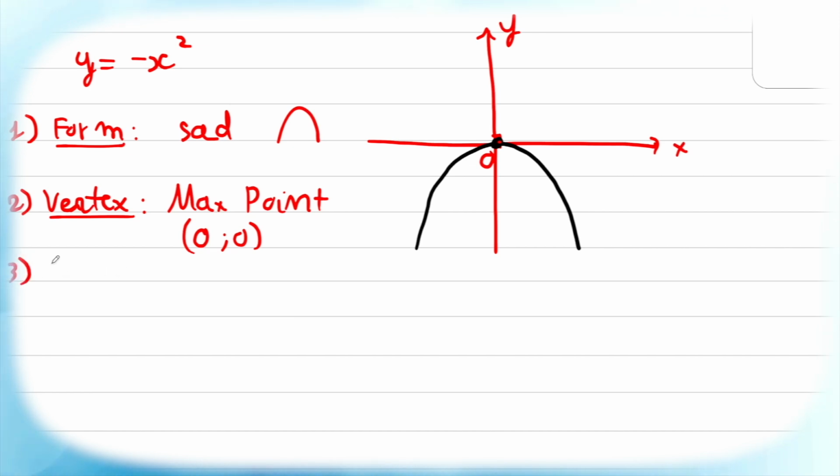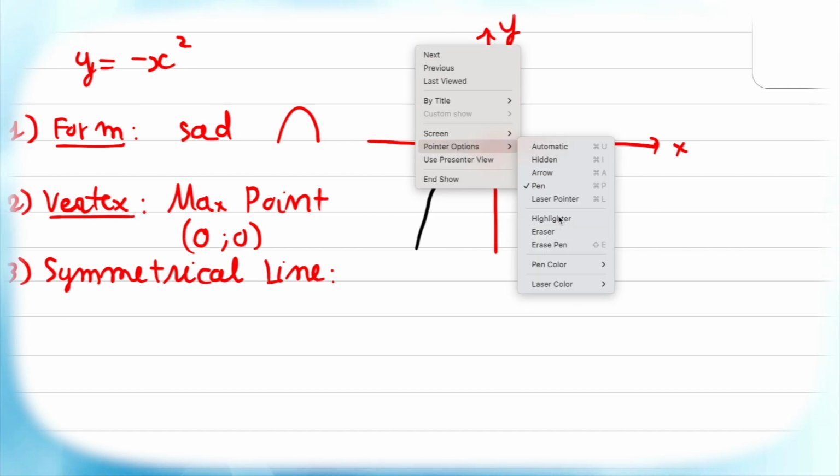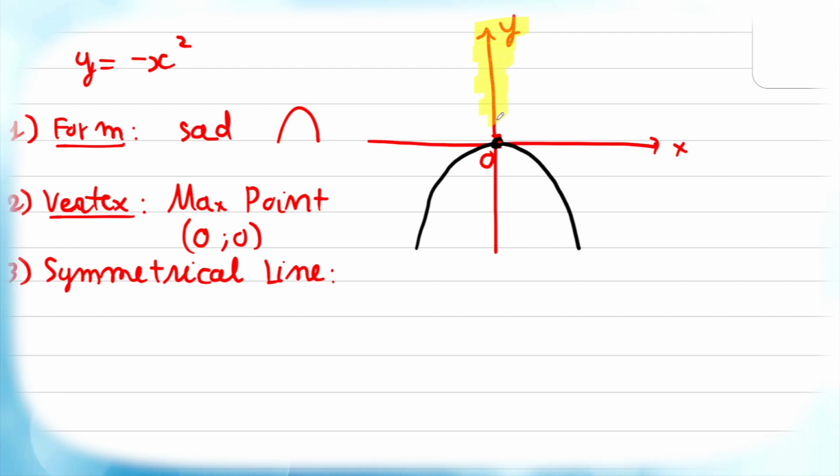And the third one, we care about the symmetrical line. The symmetrical line will divide this graph into two parts, the left hand side and the right hand side. The same as the previous graph, x equal to 0 will be the symmetrical line of this graph, or we can call it the y-axis.